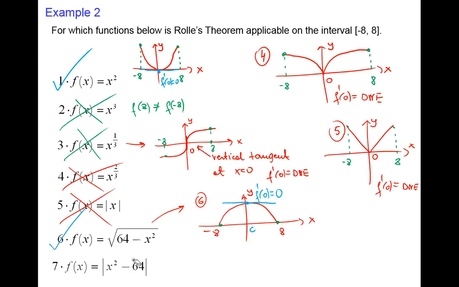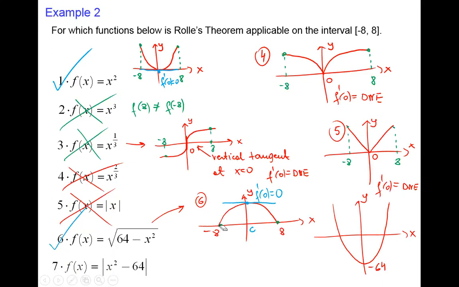But this one, since we're subtracting from the entire value, we have to drop the function 64 units down. That means this will be the parabola x squared, but 64 units down.